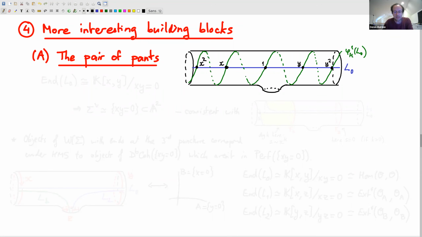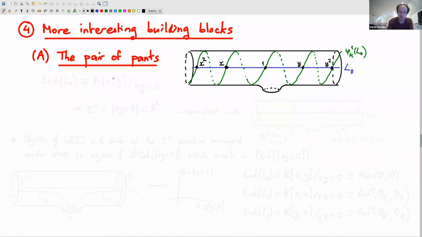So more interesting building blocks come up when you don't look just at cylinders, you need other pieces. So one is the pair of pants. Okay, pair of pants, easy to deal with, and on the face of it, it's a cylinder with an extra hole in it. So you can copy what we did with this L0, calculate its endomorphism ring. The main difference is you're no longer allowed to look at triangles that live over this region, because this is no longer a valid holomorphic disk because of a puncture.